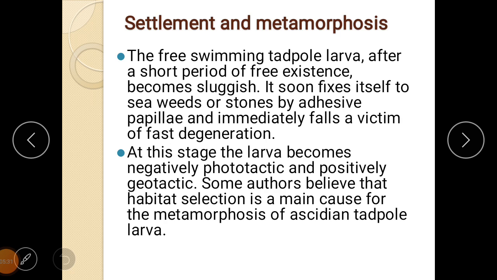Means when the larva undergoes metamorphosis, especially the retrogressive metamorphosis, it becomes sluggish, and then quickly fixes to any seaweeds or stones with the help of adhesive papillae and undergoes degeneration.